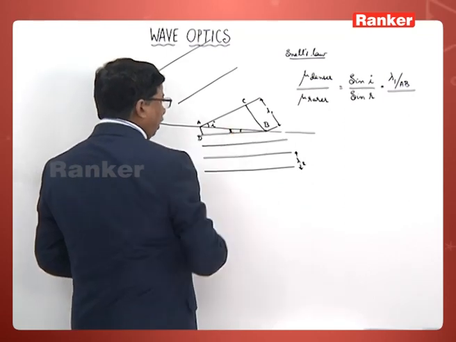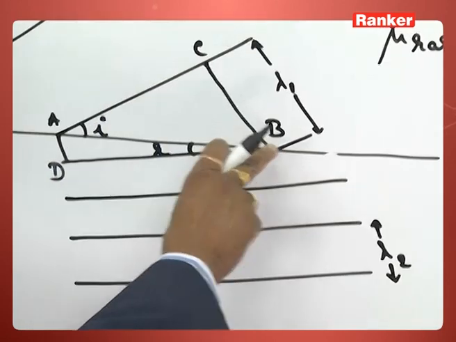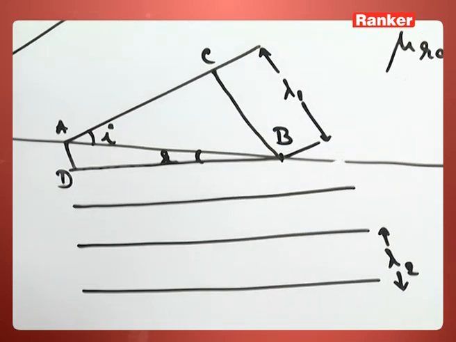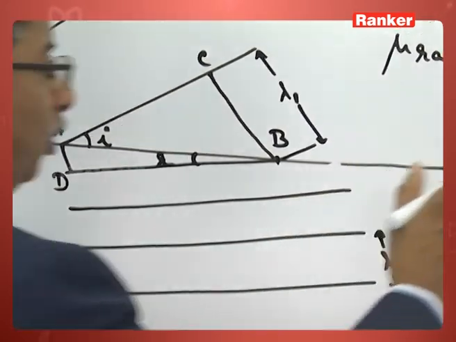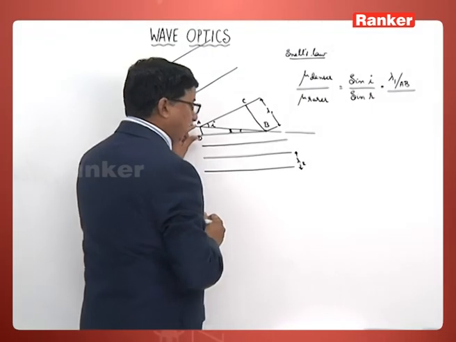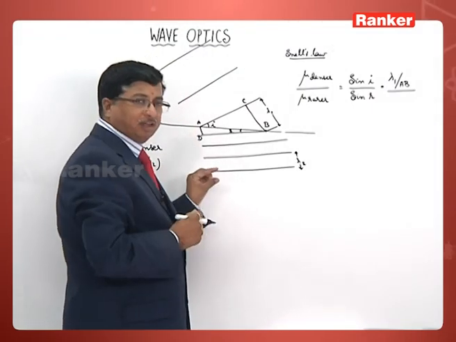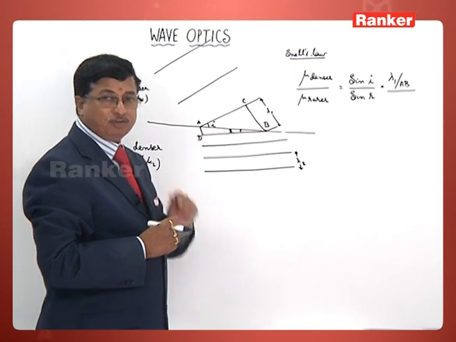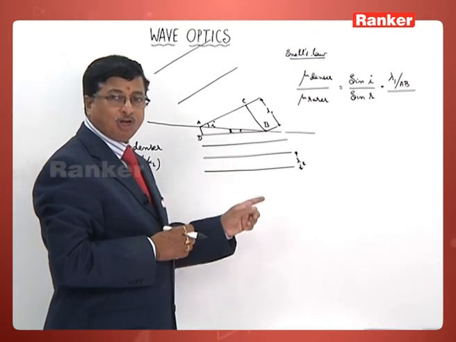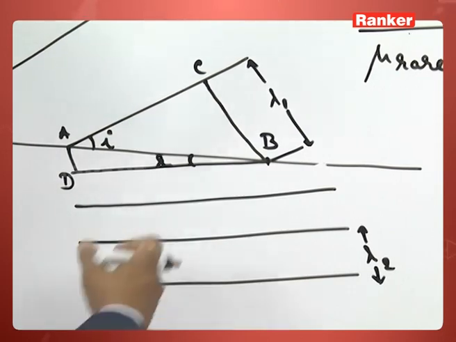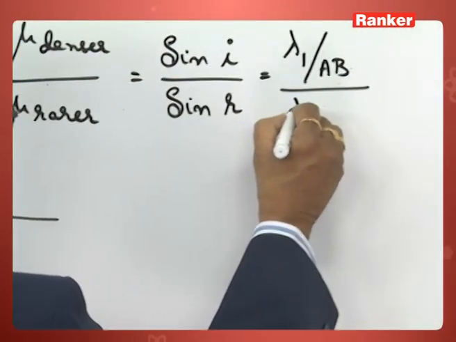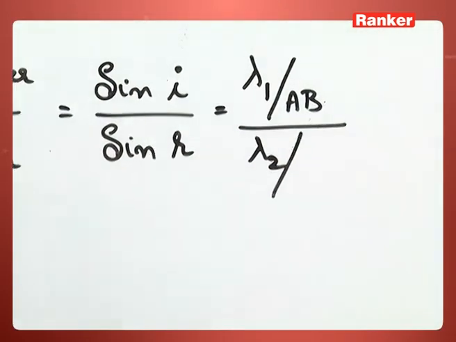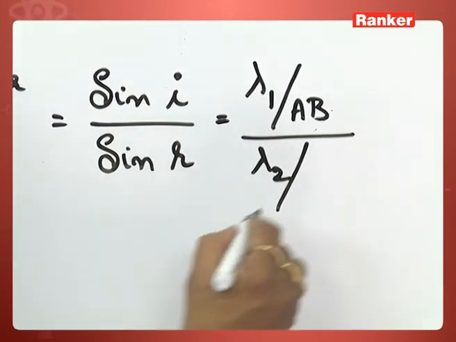Take this as r. From the triangle ABD, what is sin r? The opposite side again is AD. AD is nothing other than the distance between two successive wavefronts, which is also called the wavelength. So I can write this wavelength as lambda 2, divided by the hypotenuse again, AB.